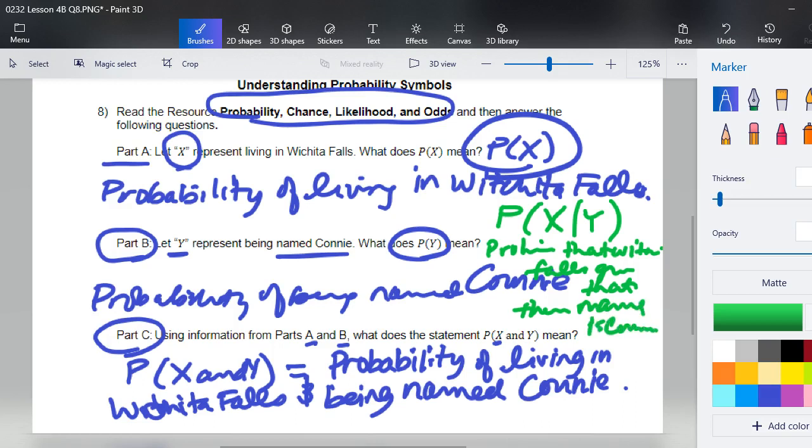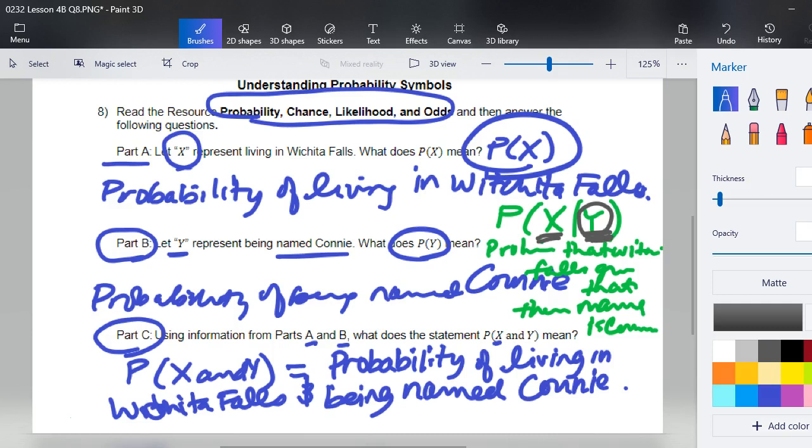So the big piece I want you to hear is when we're talking about this back end, we're asking the probability of this happening given that this has already happened. In other words, what's the probability that somebody's going to be living in Wichita Falls given that their name is already Connie? So it doesn't work out as well here, but I want to introduce you that we're going to be talking about people who have died from cancer, given that they already had cancer.